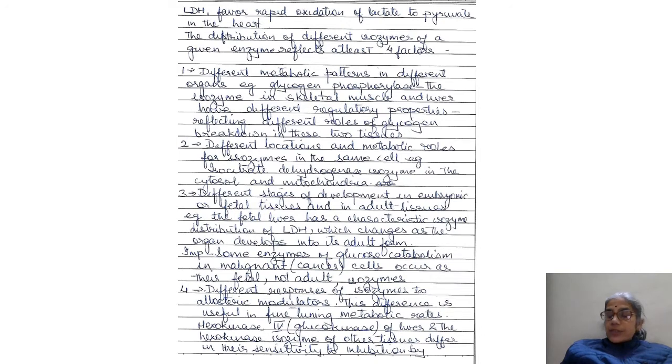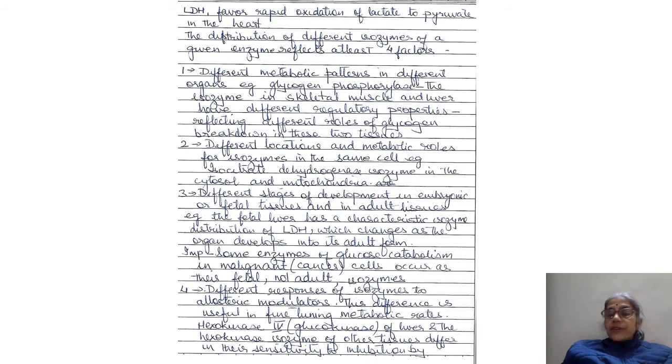Third is different stages of development, in embryonic or fetal tissues as well as in adult tissue. For example, fetal liver has a characteristic isozyme distribution of LDH, which changes as the organ develops into adult form. So adult form has a different LDH pattern than fetal form. Importantly, some enzymes of glucose catabolism present in malignant tissues have a fetal pattern of isozyme rather than the adult pattern.